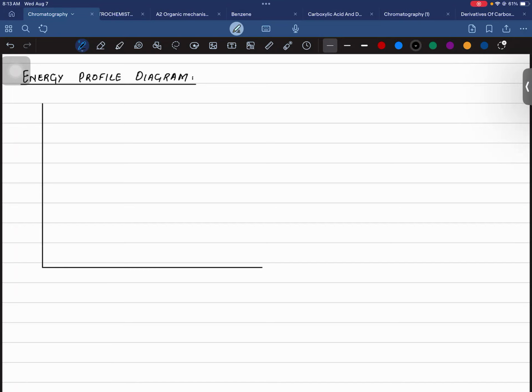First one is without activation energy, then with activation energy. This is reactant, and this is the product. This is delta H, which is positive. This is progress of reaction.